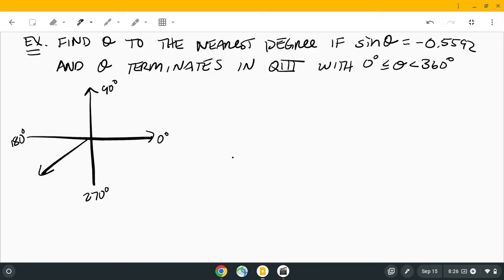So this here is what we get when we use the inverse trig function. Theta hat will equal sine inverse, and we will always enter a positive number here.